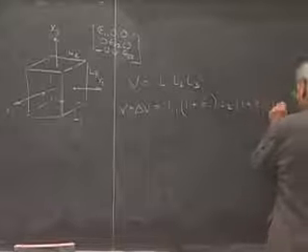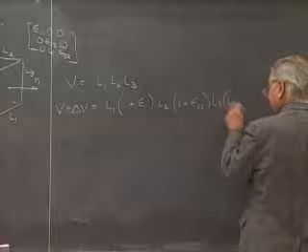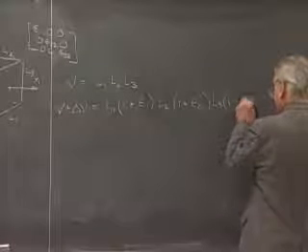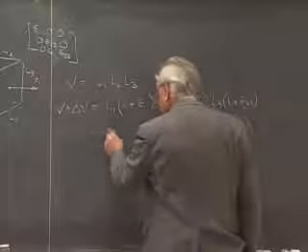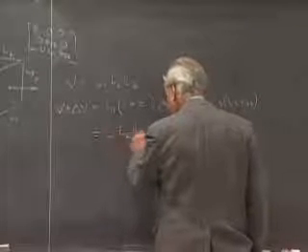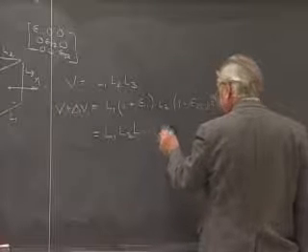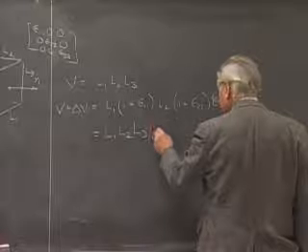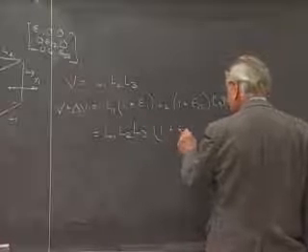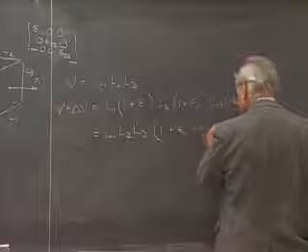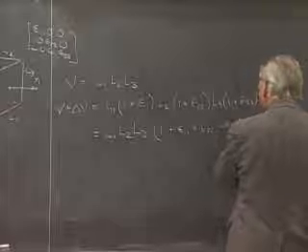And L3 changes to L3 plus epsilon 3,3 times L3, which I'll write in this fashion. So expanding this product, it'll be L1, L2, L3. And then if I simply multiply out these terms, I'll have 1, and then I'll have epsilon 1,1 plus epsilon 2,2 plus epsilon 1,1 times epsilon 2,2.